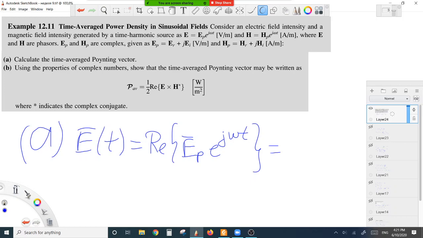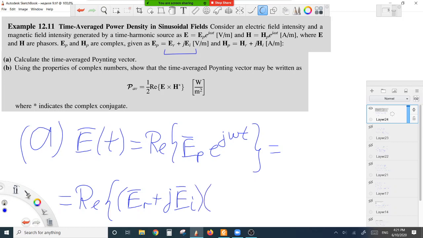Where E_p is given as E real plus j E imaginary, and e to the power of j omega t is, as we know, cosine omega t plus j sine omega t.